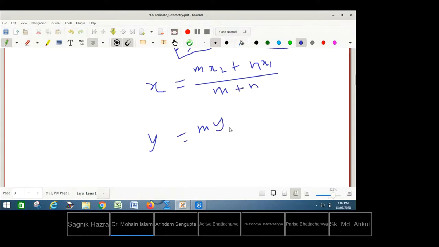In this case you have m y2 plus n y1 by m plus n. So it is very easy to prove these two are the coordinates.